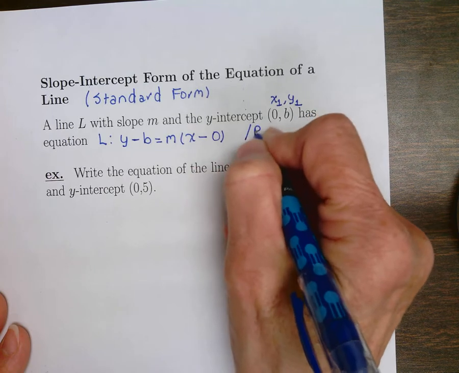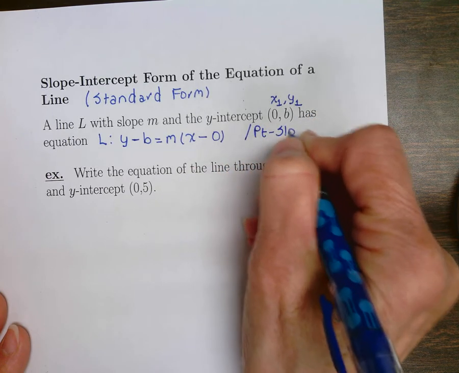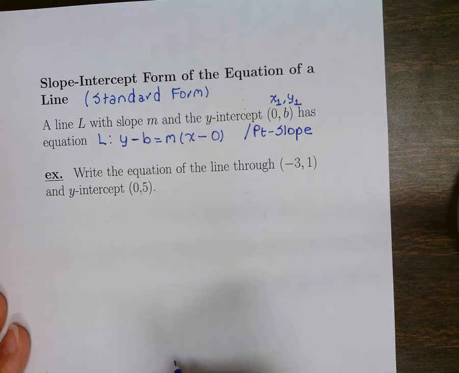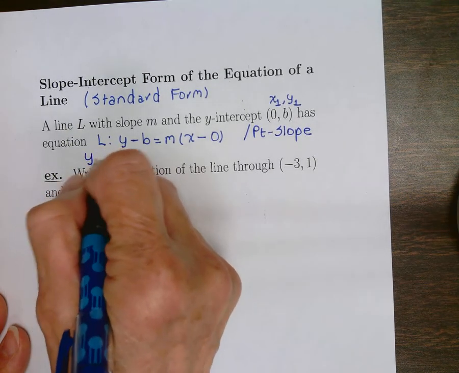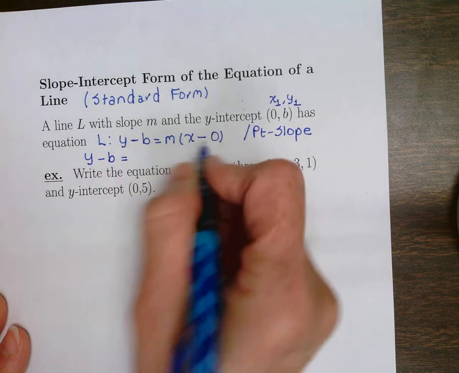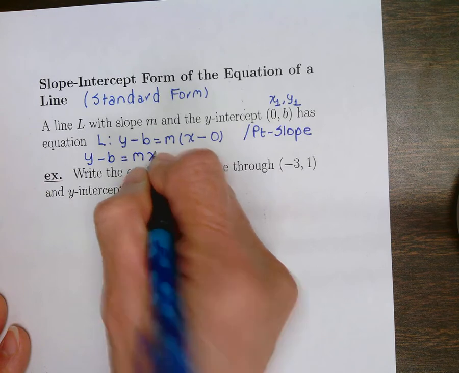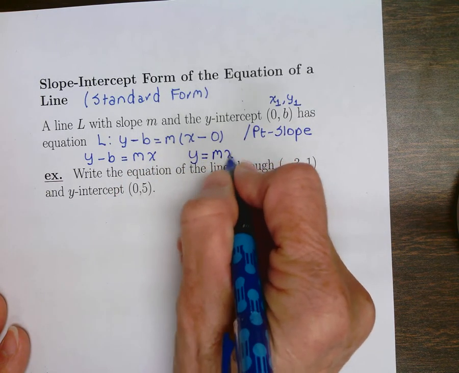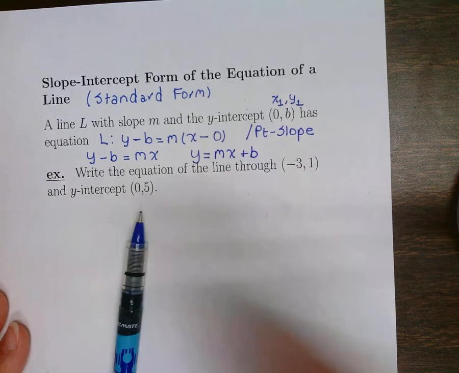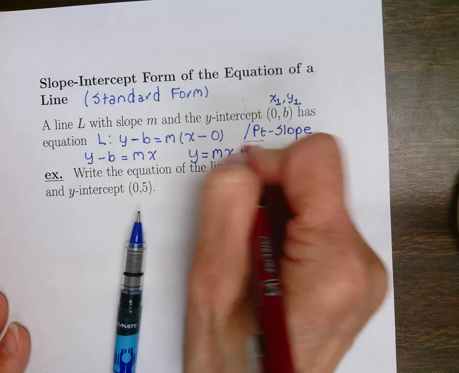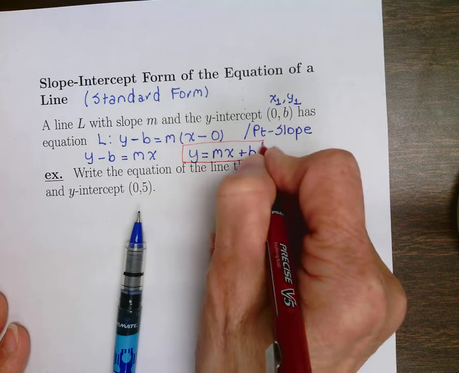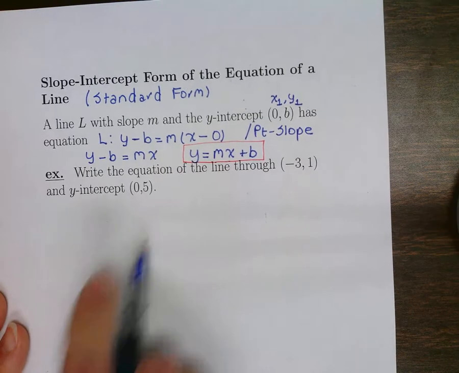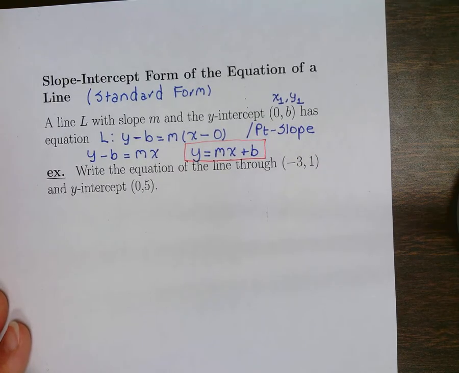That's just using the point slope formula. And then I get y minus b equals just m times x. And I get y equals mx plus b. That's the form that corresponds to the standard form, y equals mx plus b.